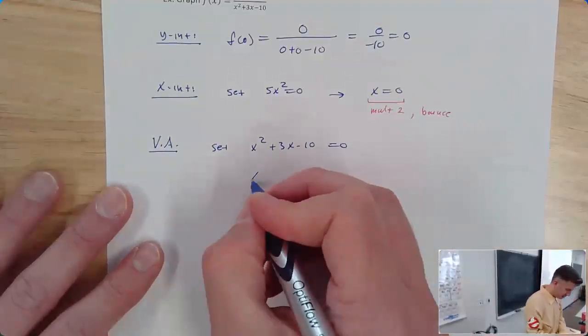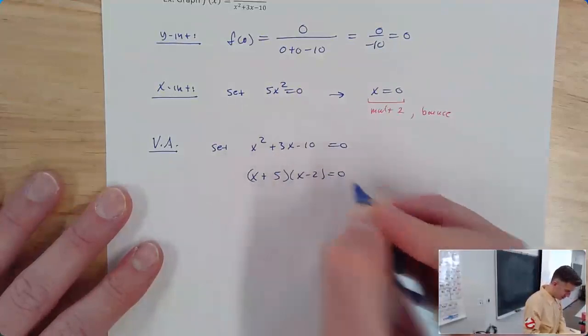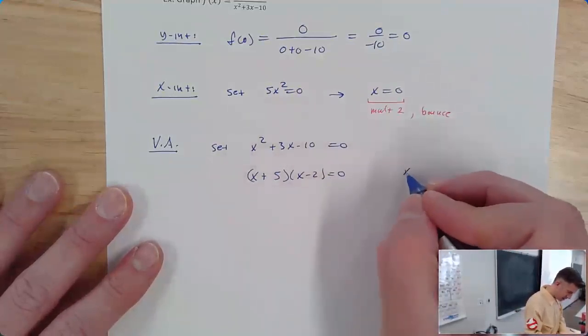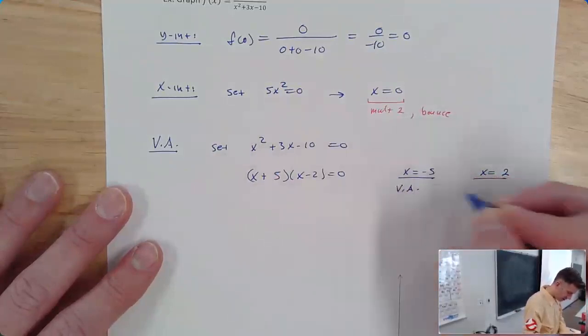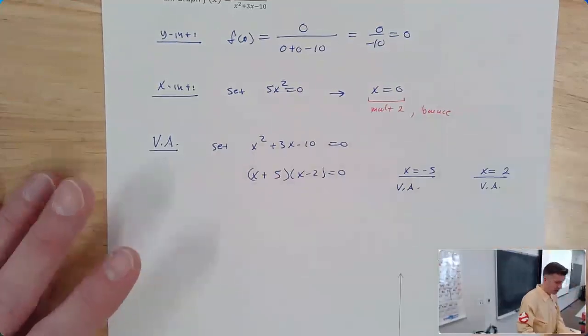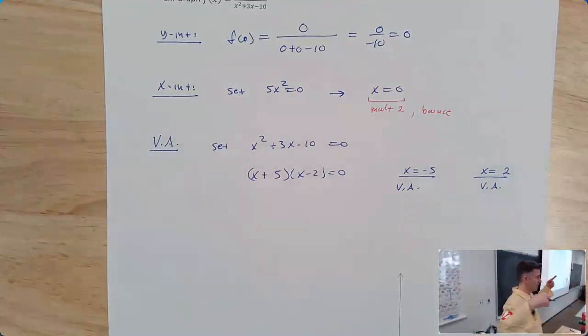It does. It factors as x plus 5 times x minus 2. So we're getting x equal to negative 5 and x equal to positive 2 as my vertical asymptotes. And they both have a multiplicity of 1, meaning they're going to do this opposite thing. So for both these vertical asymptotes, one side is going to be going up and up and up to infinity, and one side is going to be going down, down, down to negative infinity.